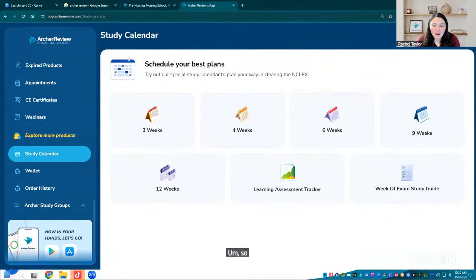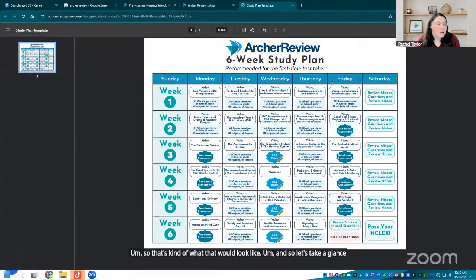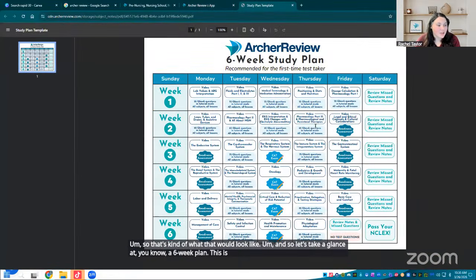So that's kind of what that would look like. Let's take a glance at a 6-week plan. This is what it would look like. It tells you exactly when to do readiness assessments, exactly when to take a CAT assessment. And so it truly takes out the guesswork. It tells you everything that you're going to need to do and when to do it.